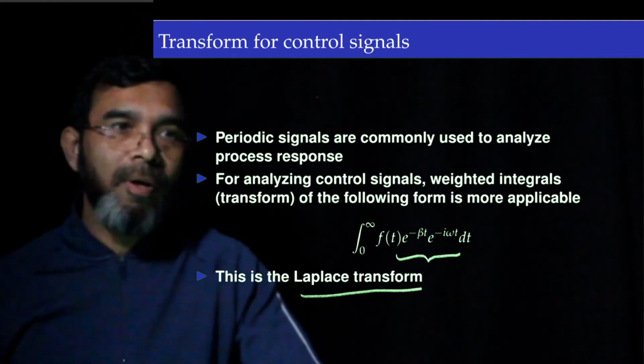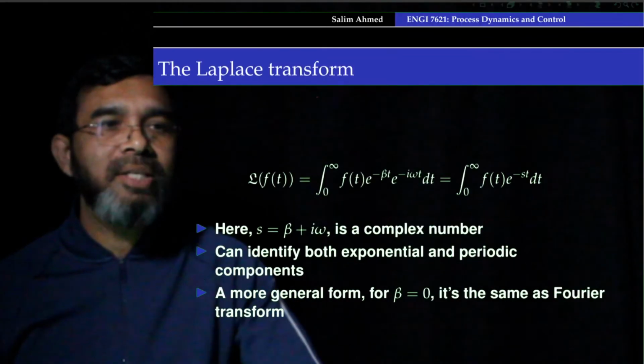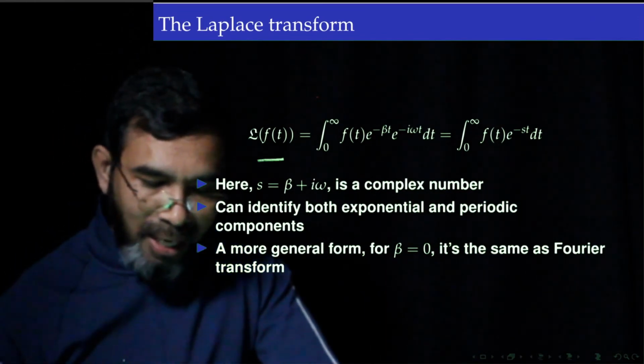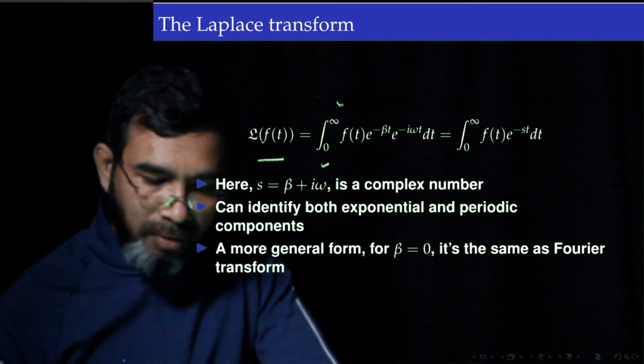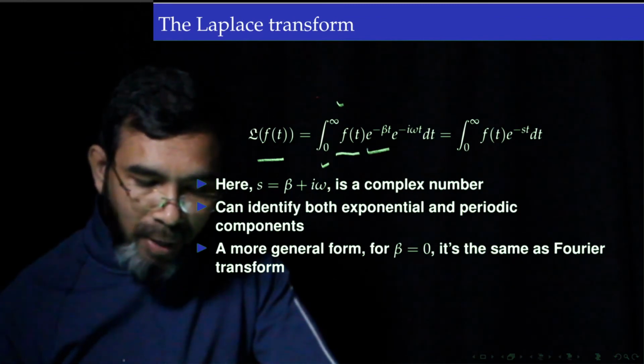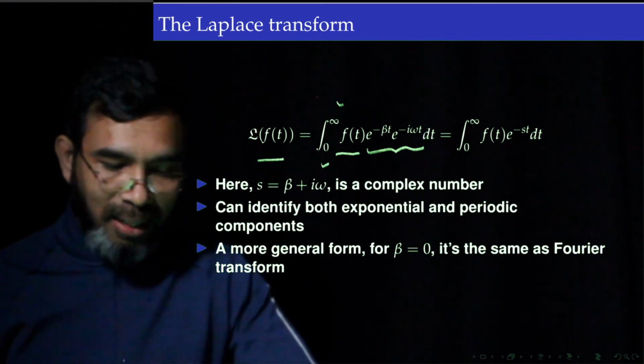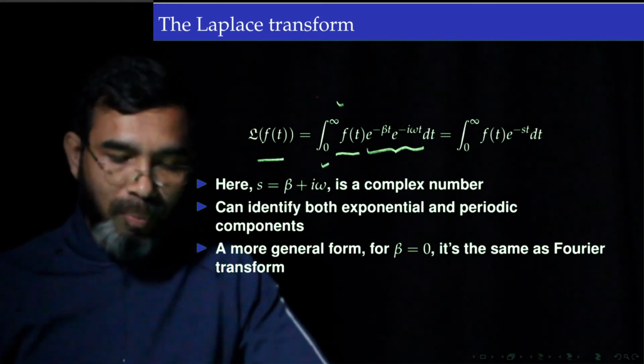Okay, so if we look at the Laplace transform, the definition of the Laplace transformation of a function is nothing but the integration of the function over 0 to infinity weighted by e to the power negative beta t and e to the power negative i omega t.